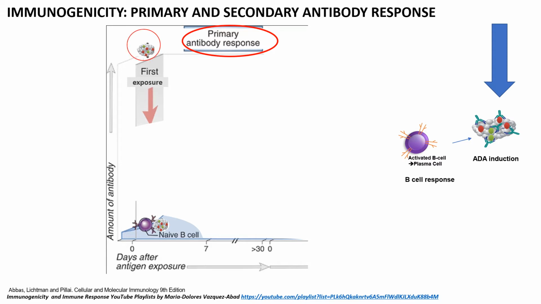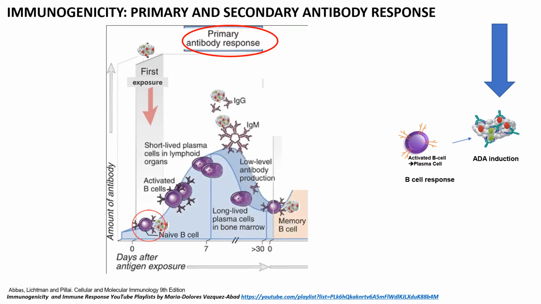When the patient first receives the drug, and this drug is perceived as a danger signal, that naive B cell will identify, internalize, and present the appropriate epitope to the T cell. This triggers the activation of the B cells, which is what we saw in the previous cartoon. And this activation eventually leads to the maturation into short-lived plasma cells in the lymphoid organs.